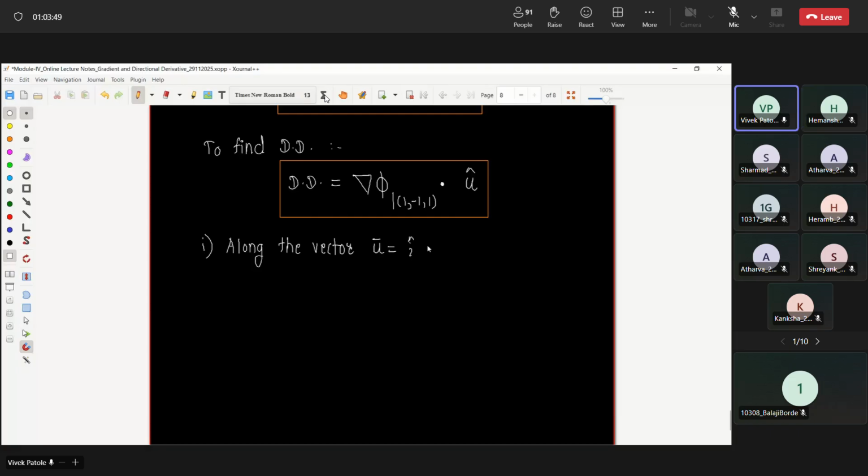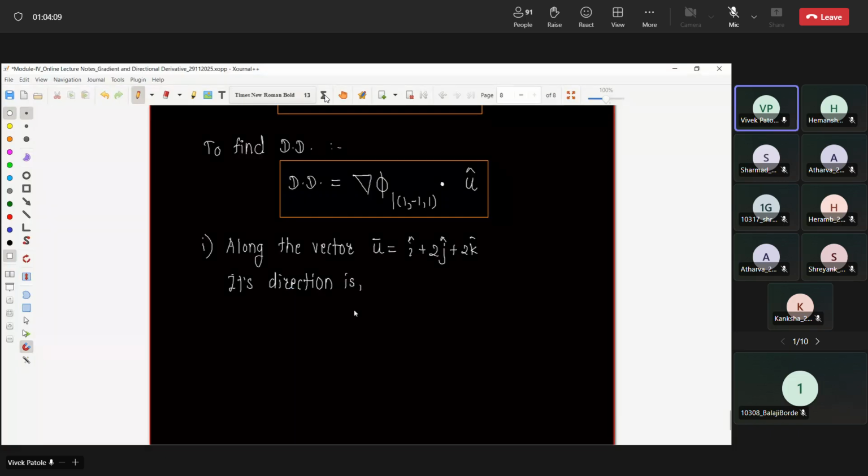It is i cap plus 2j cap plus 2k cap upon 3. Purposefully I am writing direction all the time, so that you do not forget what is the direction of any vector.